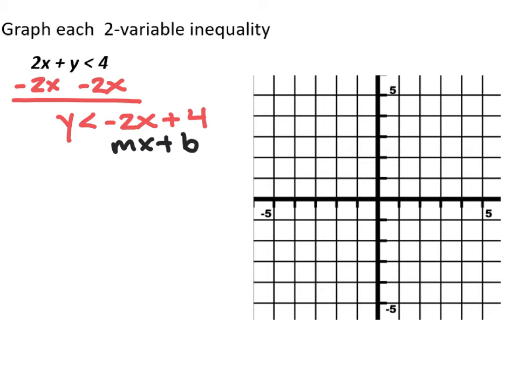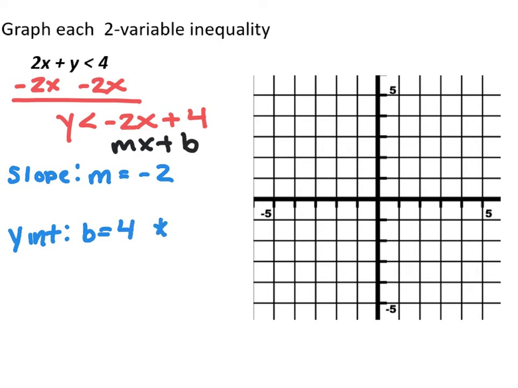And I can use this to determine that the slope, or the value for m, is -2, and the y-intercept, or the value of b, is 4. And remember, we're going to start by graphing the y-intercept.